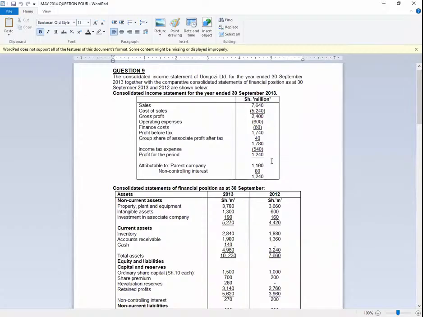But for the statement of financial position, I would need comparatives: the opening balances, which are given here, and then the closing ones for the current year. So what have I just said?